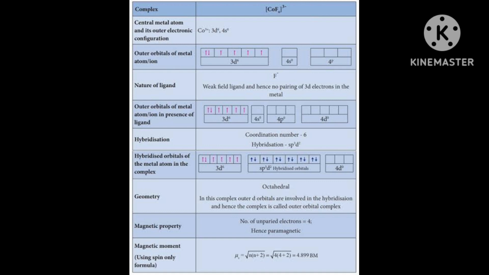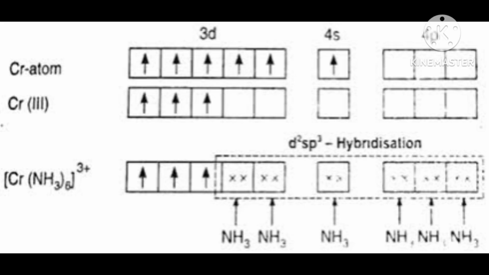Then how will you write here? It means 3 electrons it has taken. Minus 3 means 3 electrons it has taken. Then whatever was the atomic number of cobalt, you add 3 to it and then write the electronic configuration. But here I am telling you that the complex is 3 minus finally.